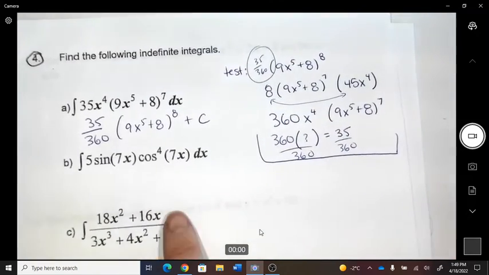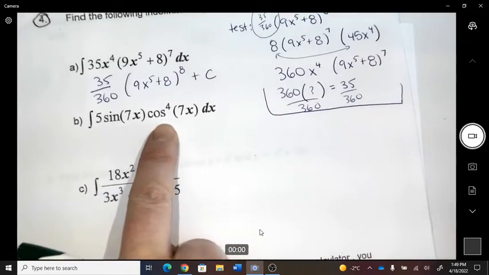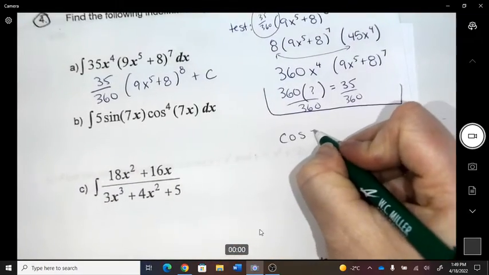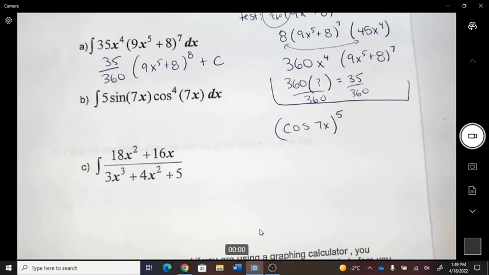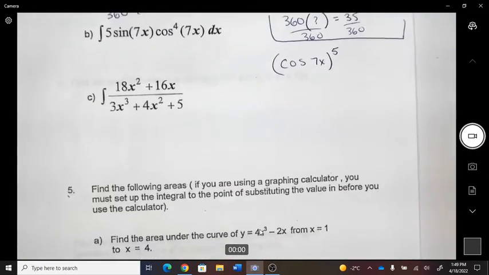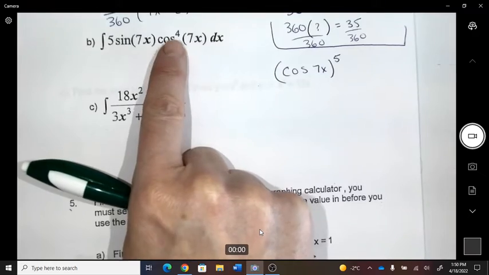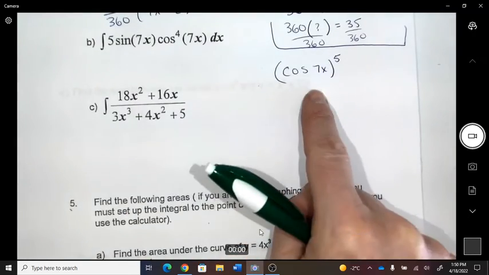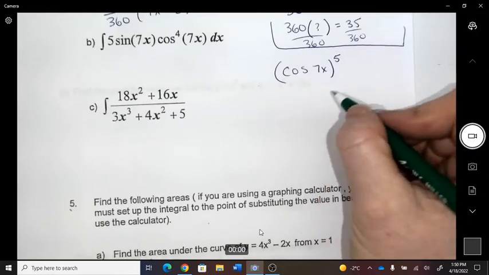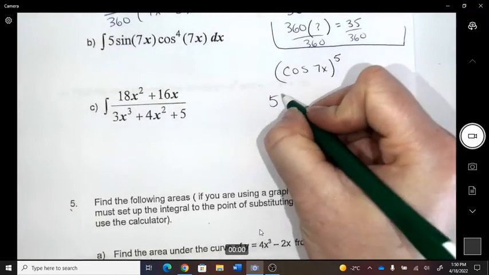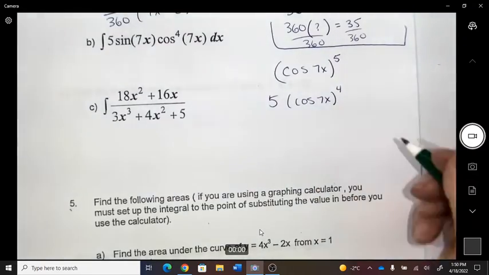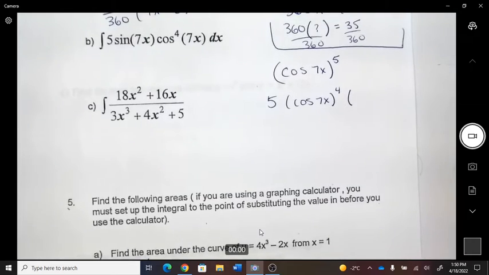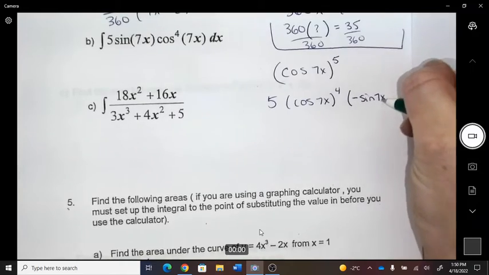Okay, next, I'm guessing I started with a cos 7x to the 5th. Are you okay kind of understanding why I'm picking what I'm picking? To end up with the unit to the 4th, I would have started with the unit to the 5th. Okay, so I'm going to derive this. So 5 units to the 4th times the derivative of the unit. So do you remember cos derives to negative sine?